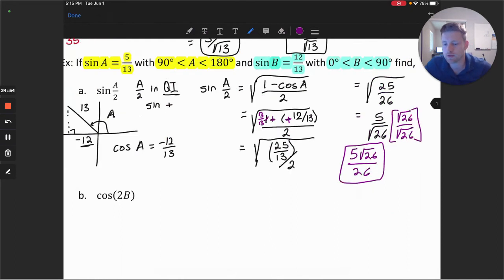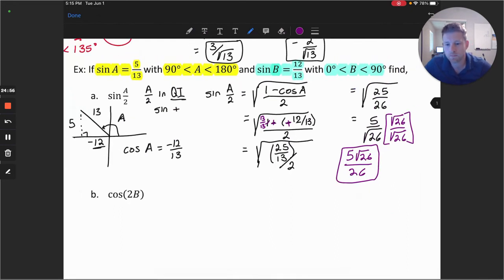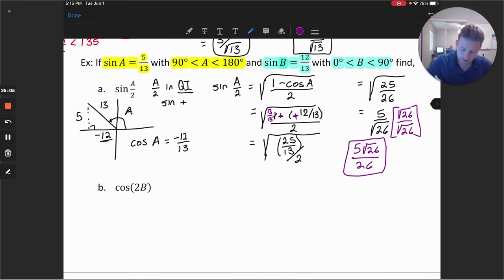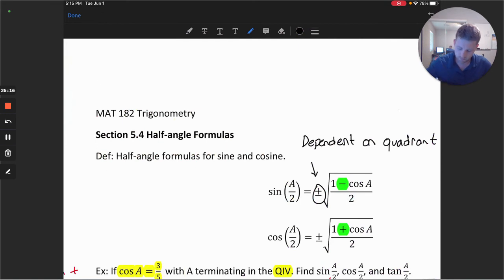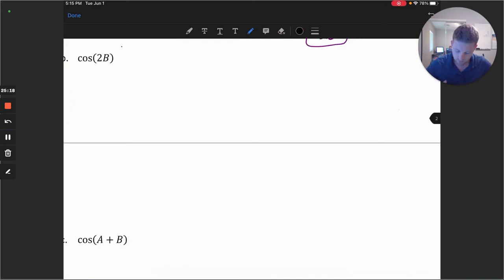Part B looks at the cosine of 2B. So let's consider making a sketch of angle B and identifying a few of its properties.